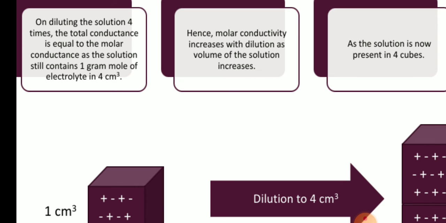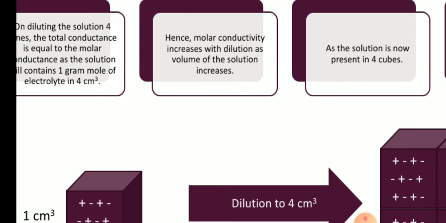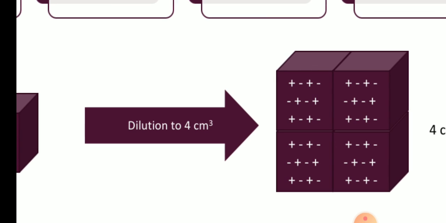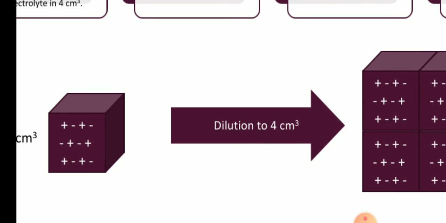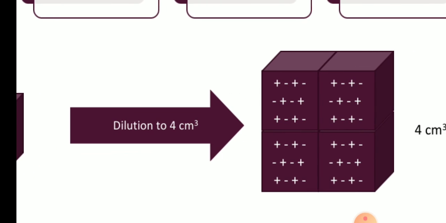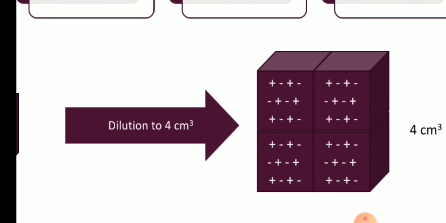But how is it possible? See here, with the help of this diagram, the 1 gram mole of electrolyte, which was earlier in 1 centimeter cube volume, now has taken the volume 4 centimeter cube.